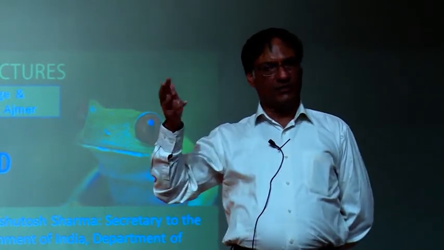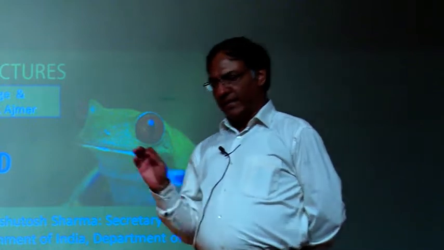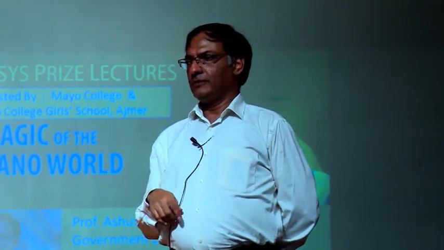First of all, let me say what nano actually means. A nanometer means a billionth of a meter, a billion times smaller than a meter. If you typically look at the diameter of a human hair, well, it depends on whose hair, but on average, a nanometer would be 10,000 times smaller than that. So it is indeed very small.